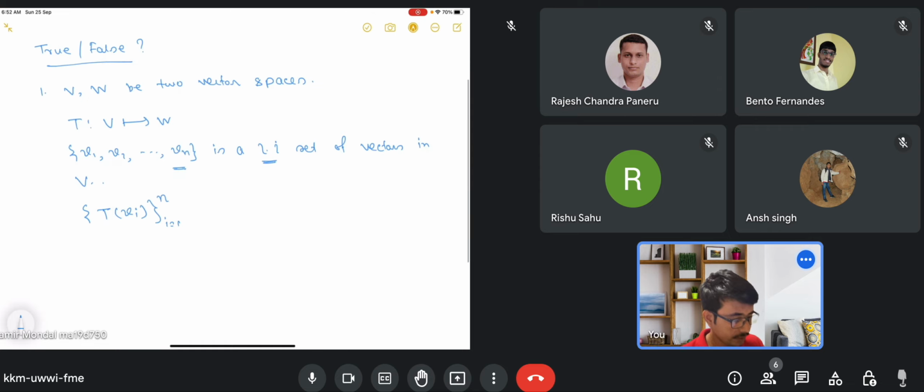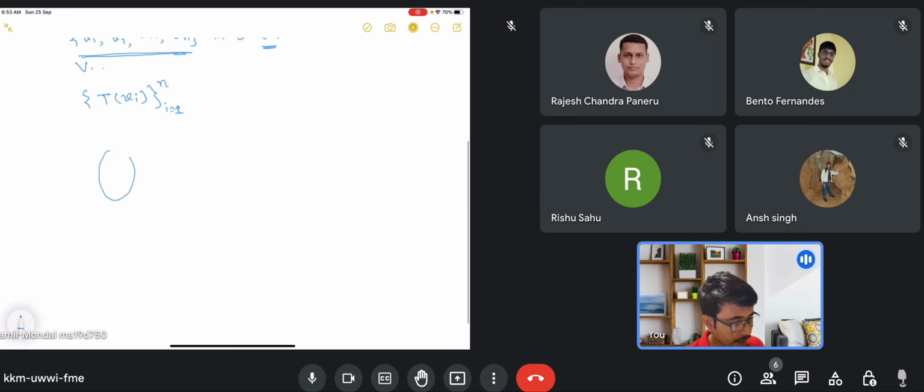This is our collection from your V, a linearly independent set. So what can we tell about the image of this linearly independent set? Will it be preserved by this linear transformation or not? Here it is V, here is W, these two vector spaces, and this is your map T. Here we are taking one collection which is linearly independent.